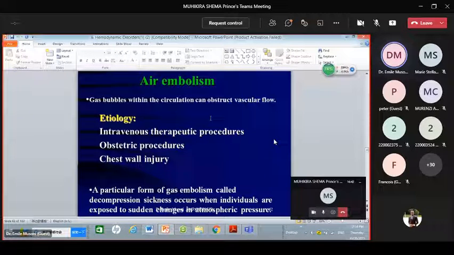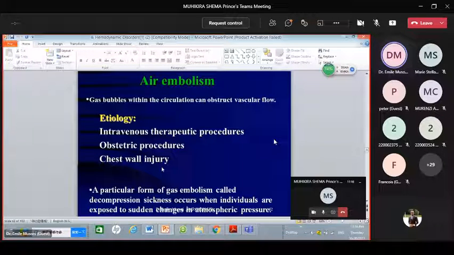Air embolism is gas bubbles within the circulation that can obstruct vascular flow. This occurs in intravenous therapeutic procedures, obstetric procedures, and chest wall injury. You will see in your clinical practice, when you open the perfusion catheter, the air will go into the blood vessels.